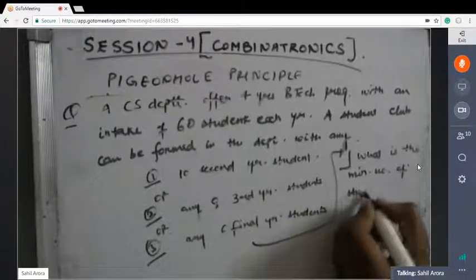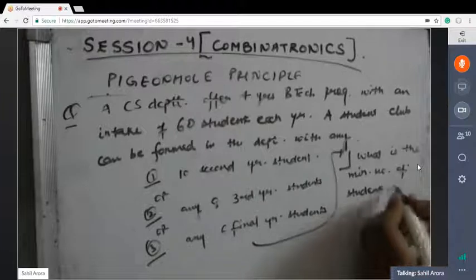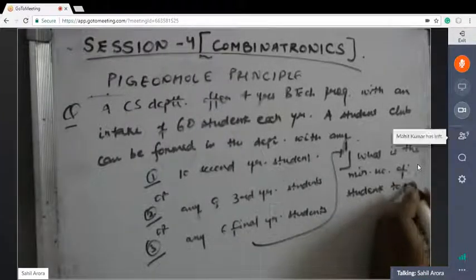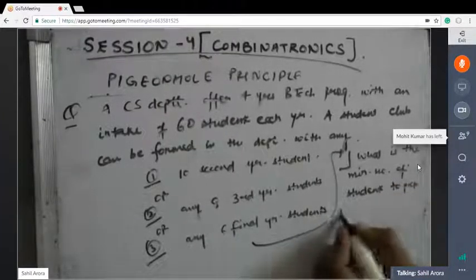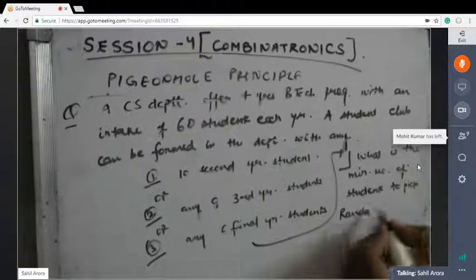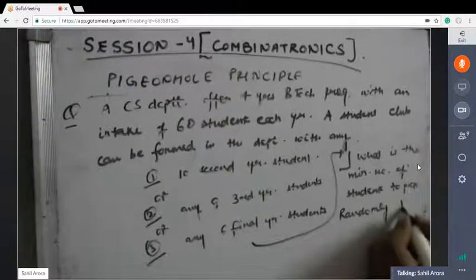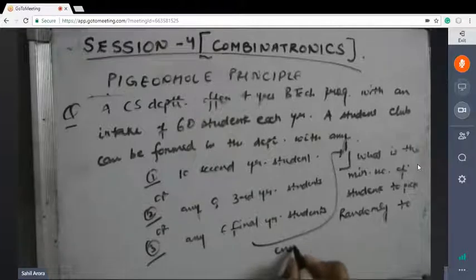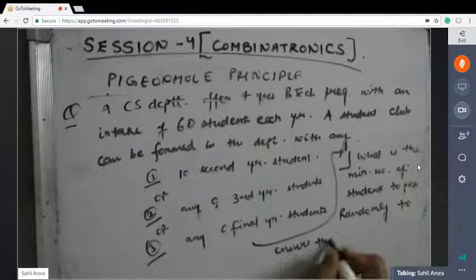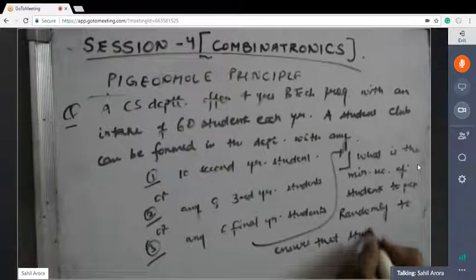What is the minimum number of students to pick randomly to ensure that a student club is formed?